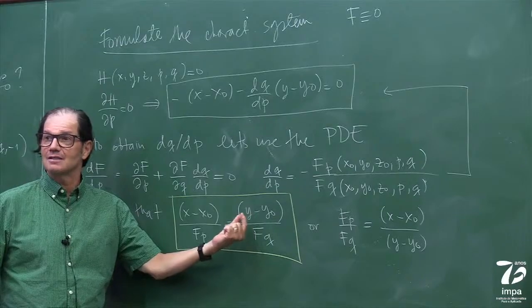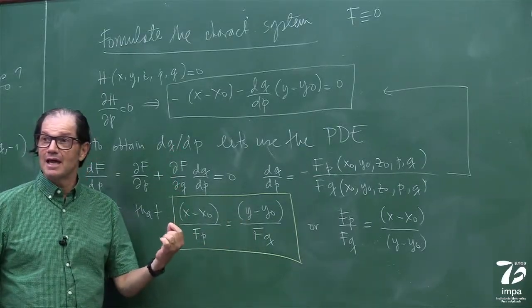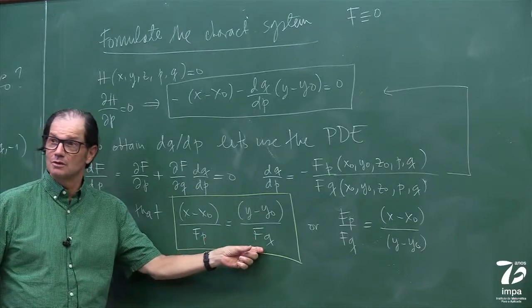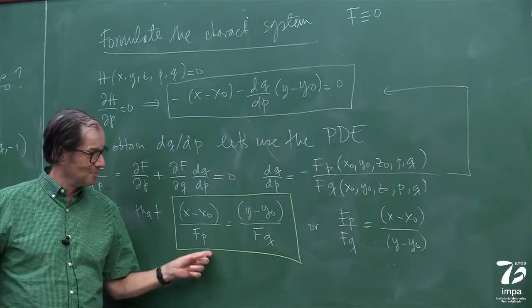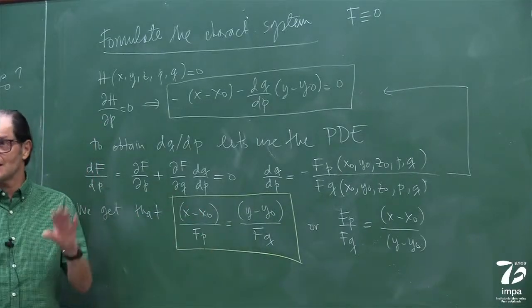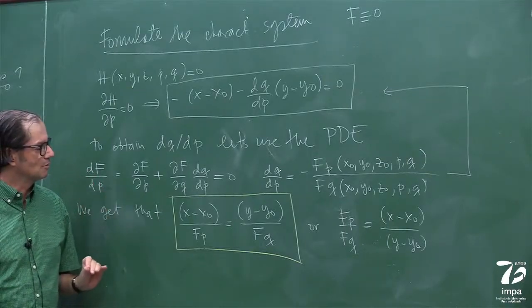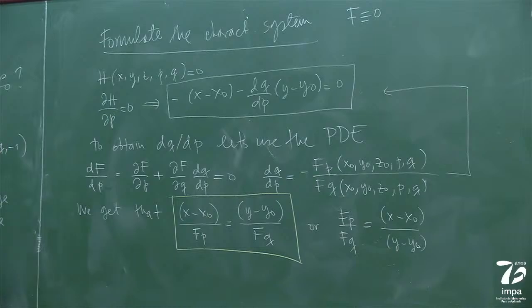We're already going to see that somehow the dx dt is going to be F_p, the dy dt is going to be F_q, and for the quasi-linear equation, it's going to be a and b. So, of course, we can do the consistency check afterwards, okay? But no big deal, right? So this is the first one arising.